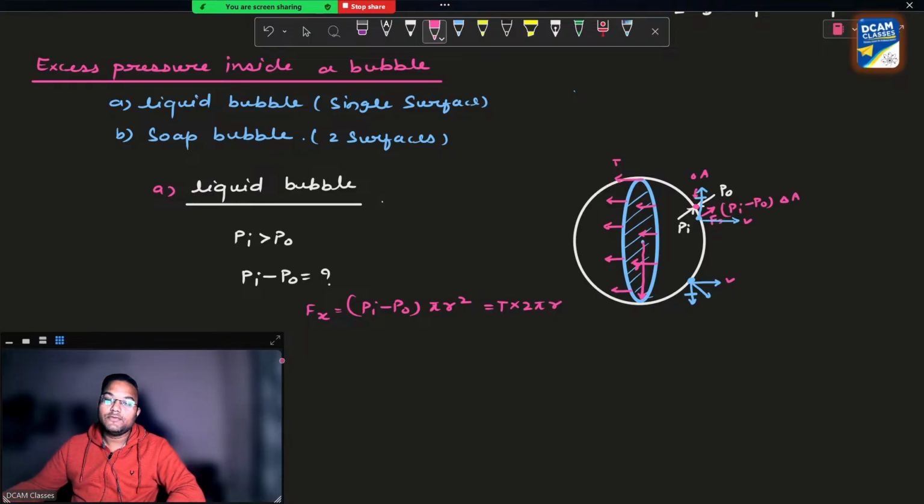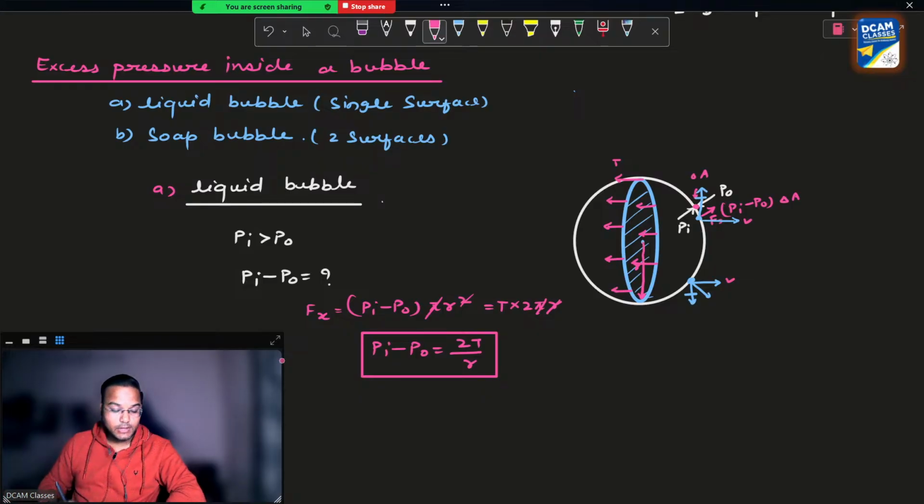If we equate them, we get Pi minus P naught equal to 2T by R. This is the pressure difference in a liquid bubble. Understood?